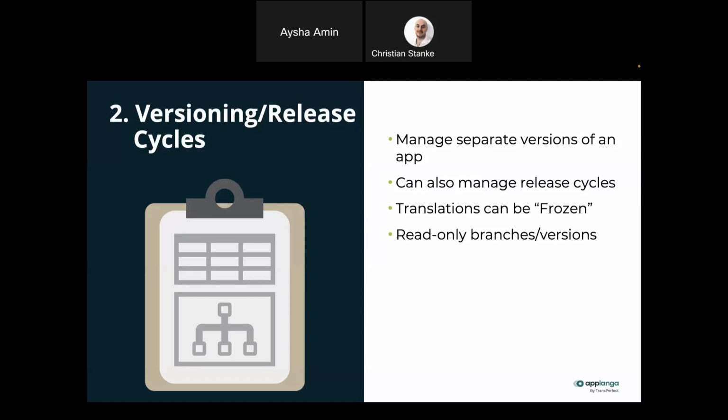Different branches can also be allocated to each release, allowing teams to get a head start on translation work for upcoming releases without impacting the current version or latest updates to the Applanga connected app software or product. This is also a great option for teams using one of the Applanga SDKs with the hopes to launch new languages.